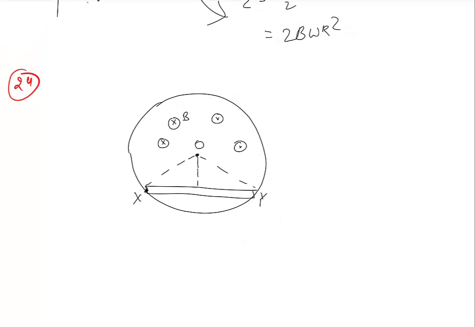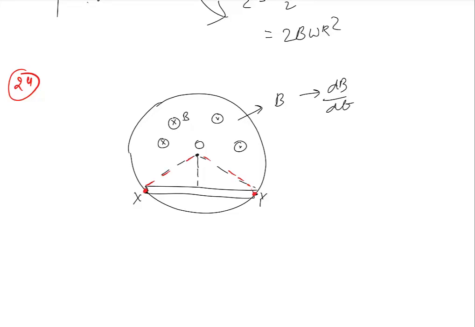Now question number 24 gives us a diagram and says a uniform magnetic field B fills a cylindrical volume of radius R. A metal rod of length L is placed as shown in the figure. Initially it was uniform, but now B is changing by the rate dB over dt. We have to find out the EMF produced by the changing magnetic field that acts between the rod.